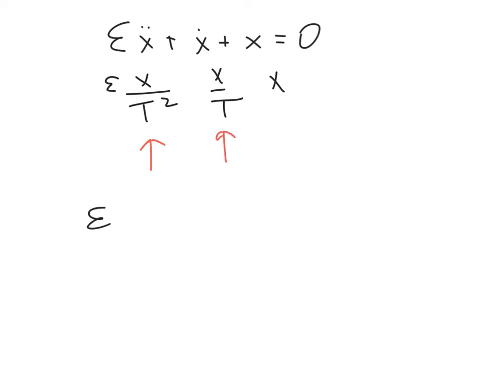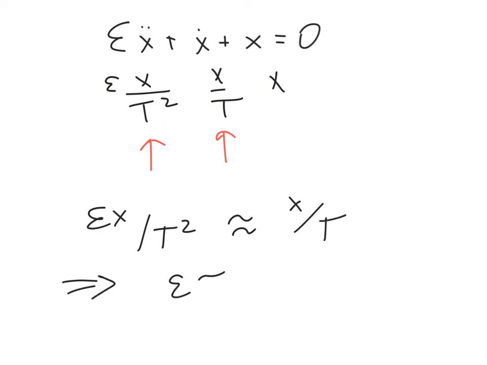And so this second derivative term is going to matter when these two terms are of approximately the same size. So if epsilon x over time squared is of the approximate order of x over time, that happens when epsilon is about equal to time. So when time is on the order of epsilon, we expect these two terms to be of about the same size, and so either neither of them matters or they both matter.